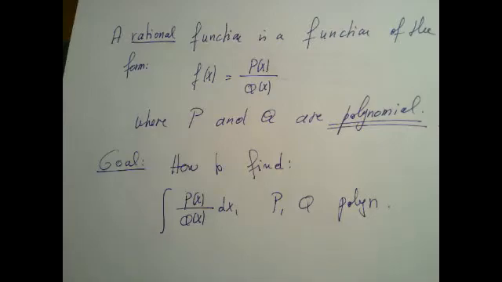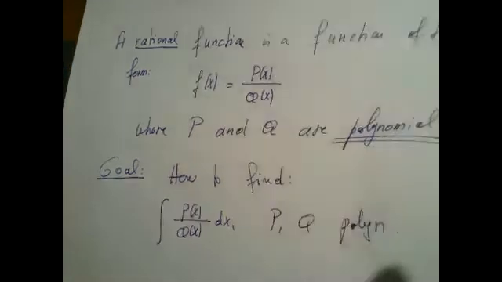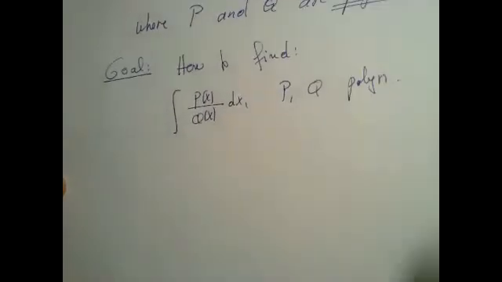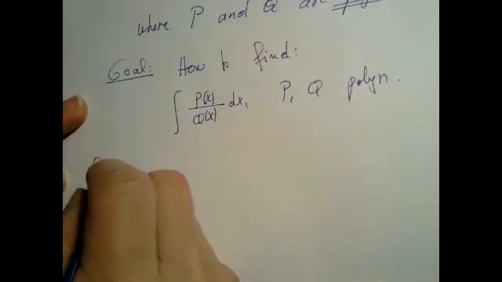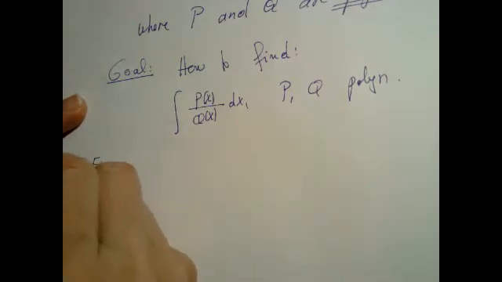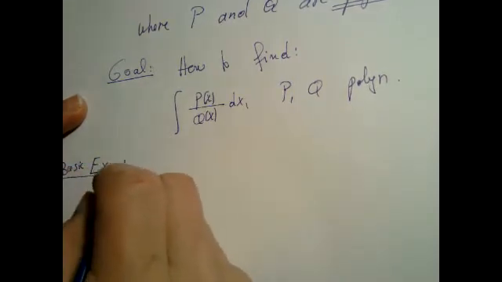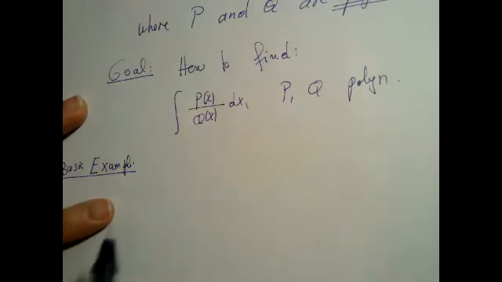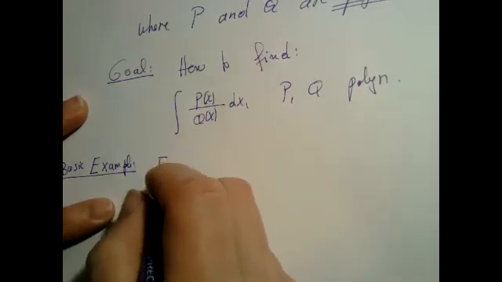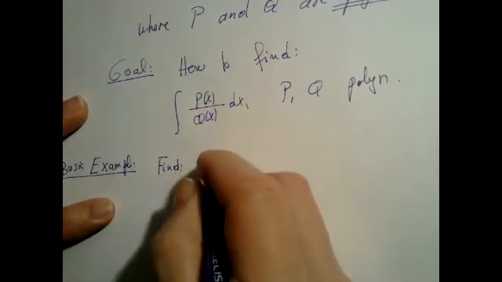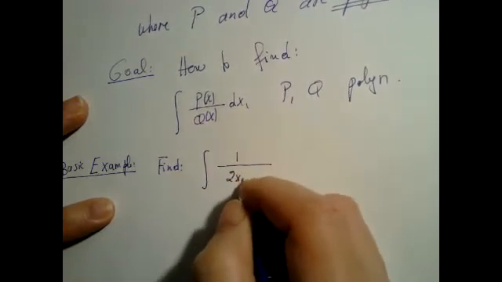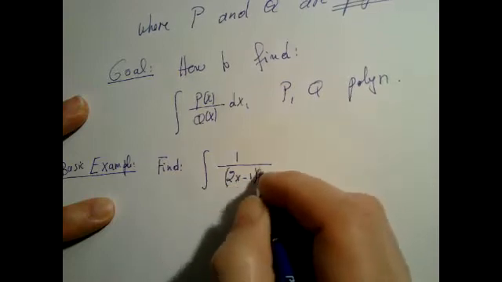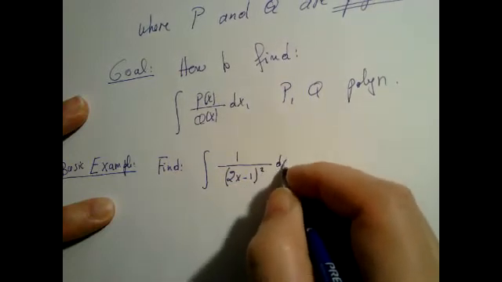I'm going to start with a very, very basic example, simply because it comes up a lot. A simple example, something that we know how to do. Find the integral of 1 over (2x minus 1) squared dx.